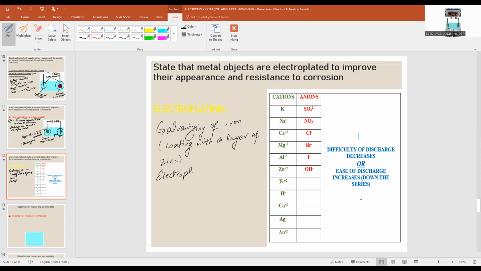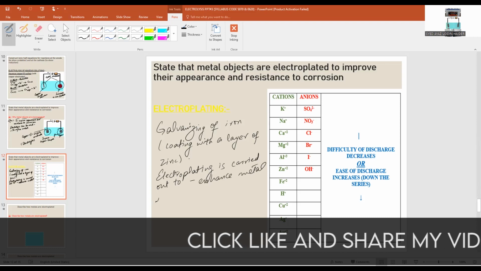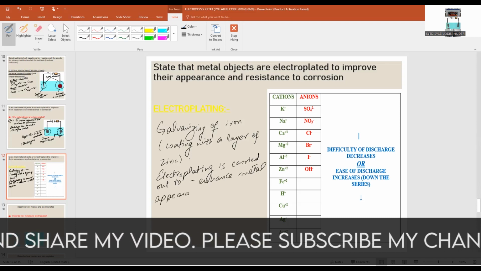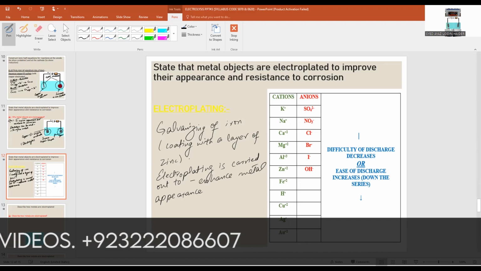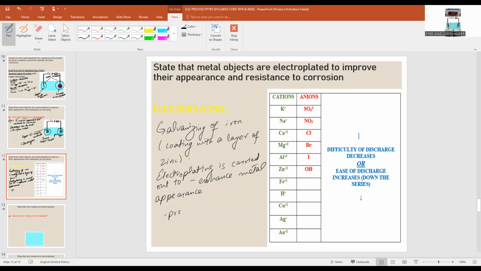Electroplating is carried out to enhance metal appearance, or you can even say the object's appearance, like utensils and crockery, and to prevent corrosion of the metal.